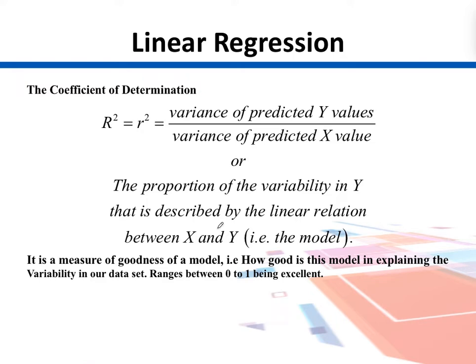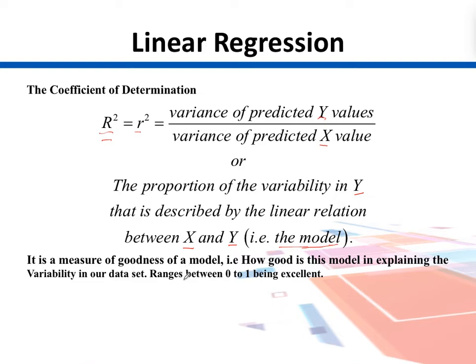There is another very important parameter called the coefficient of determination, capital R square. We take the small r and square it. Technically it's the variance predicted in y divided by the variance in x, or we can also define it as the proportion of variability in y that is described by a linear relationship between x and y. That is the model.